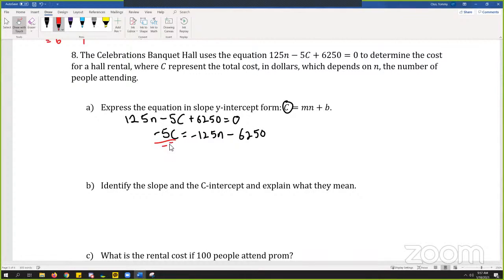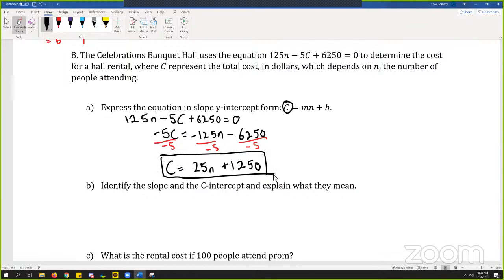I could then divide everything by negative 5. And your final equation should be c is equal to 25n plus 6,250 divided by 5, which is going to give me 1,250. Okay, so that's question A.